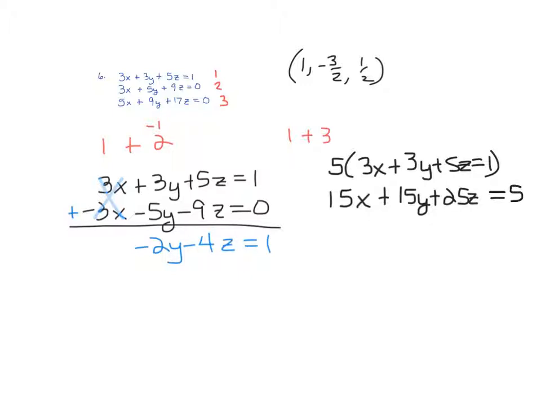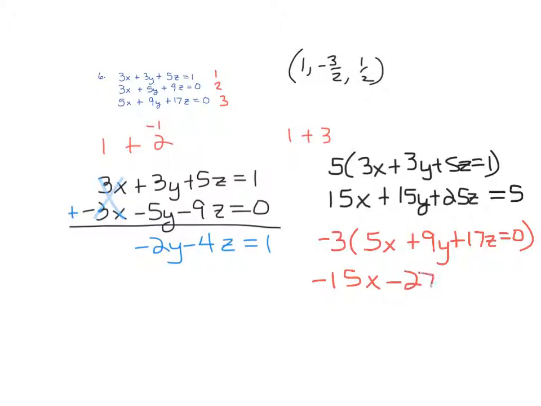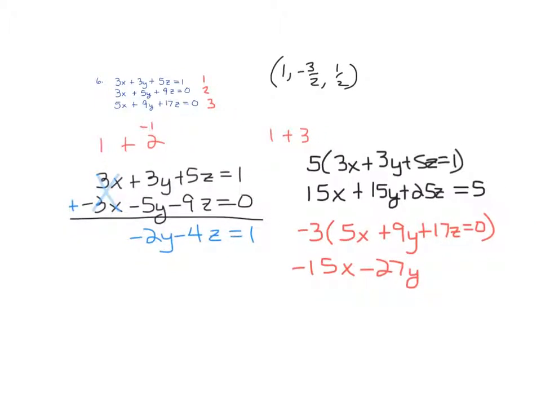And then for equation 3, I'm going to multiply that one by -3. So then that'll give me the -15 that I need. So 9y, 17z equals 0. Distribute the -3, and I get -15x minus 27y minus 51z equals 0.